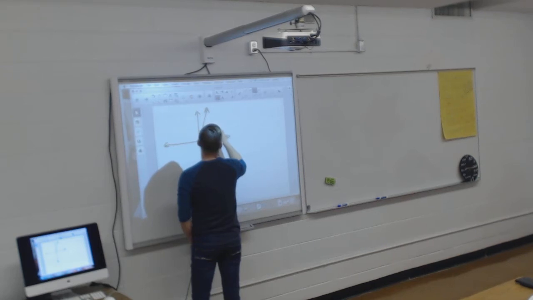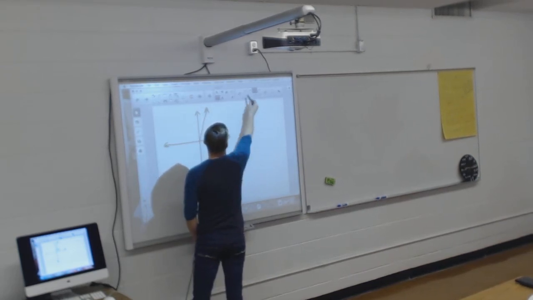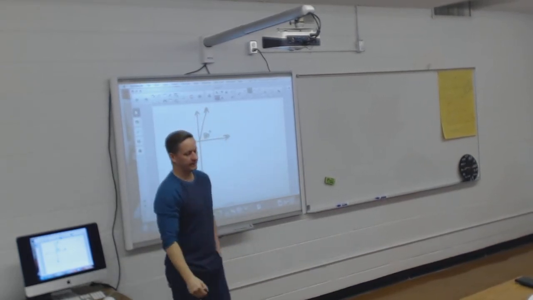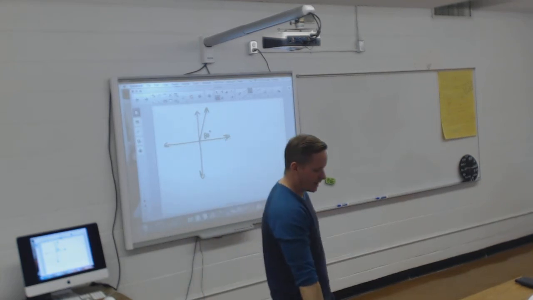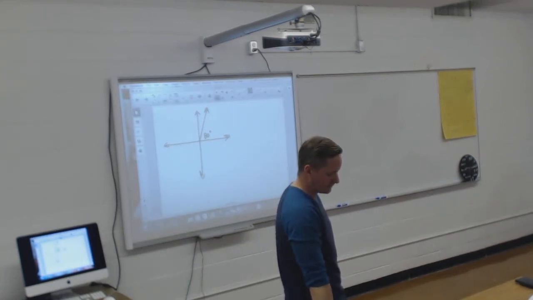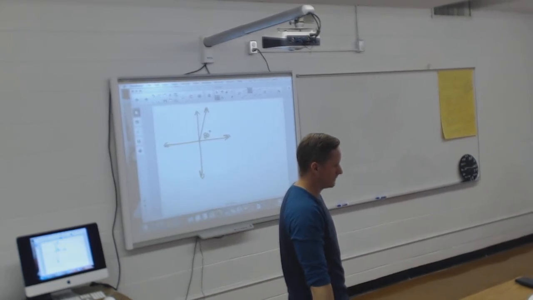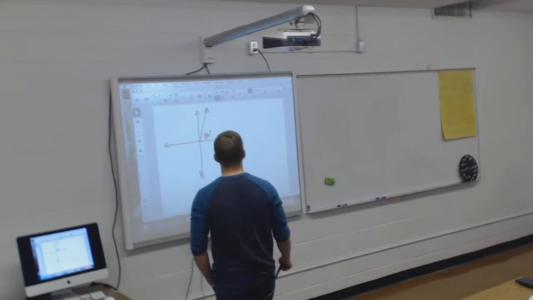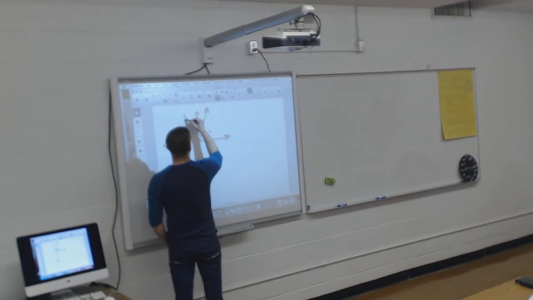Anywhere right about here, right? There's my 80 degrees. Okay. So it's between 0 and 90. How about 120? Between what? 90 and 180. Which quadrant is that? Second quadrant. And that is somewhere right there.